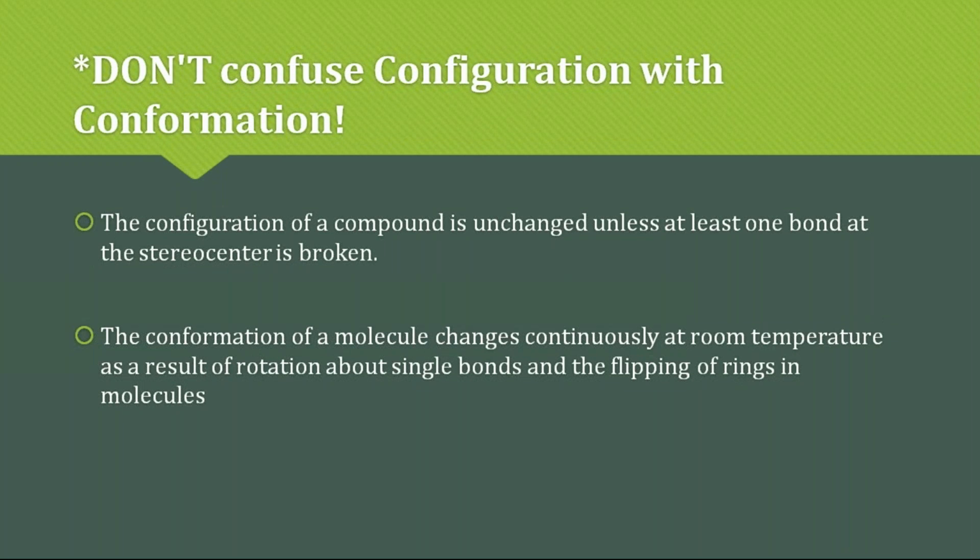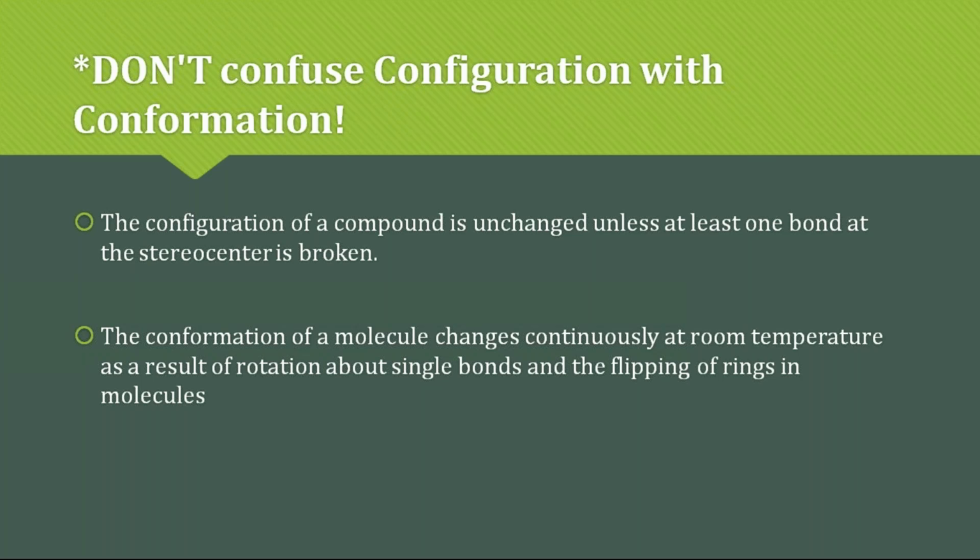So don't confuse configuration with conformation. What do you mean by configuration? Configuration is fixed for the compound. It is not going to change. Configuration of a compound is unchanged unless at least one bond at the stereo center is broken. Unless the bond is broken, the configuration will not change.